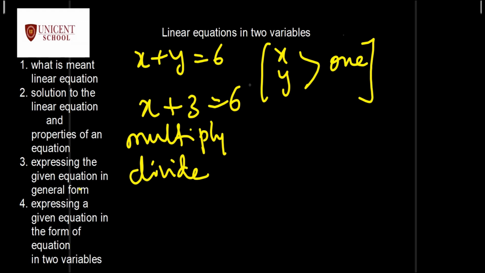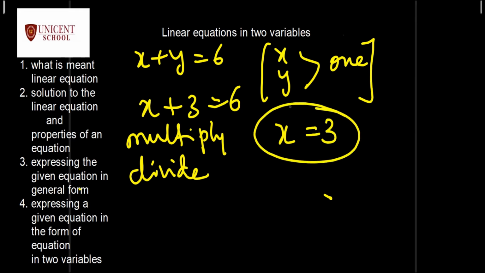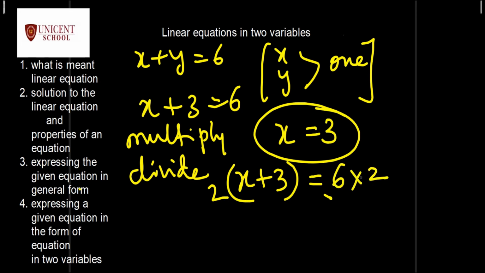Let us take one example and check. I know that the x value is 3, which is unique and it has only one solution. Right. So x plus 3 equals 6, I multiply this by 2 on both sides. So it becomes 2x plus 6 equals 12.